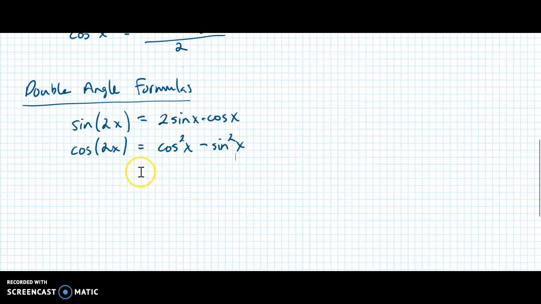The last thing that I want to say here is that we need a particular formula in order to get to all four of these. It is called the angle addition formula. I'm going to write that here.